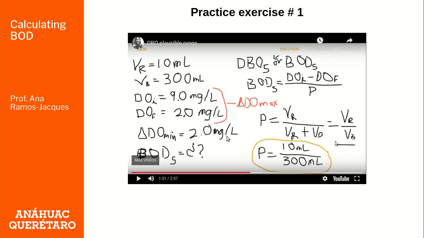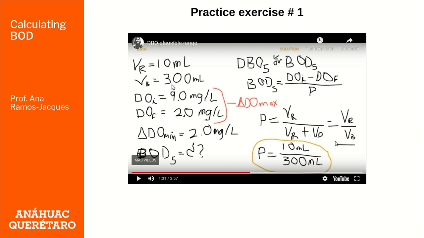For the minimum value we have already made this operation, so we have 2 milligrams per liter divided by the fraction, that is the volume of the sample divided by the volume of the sample plus the volume of dilution.